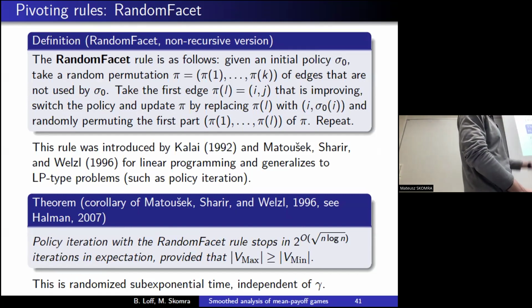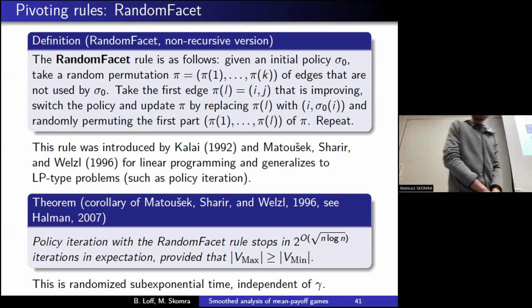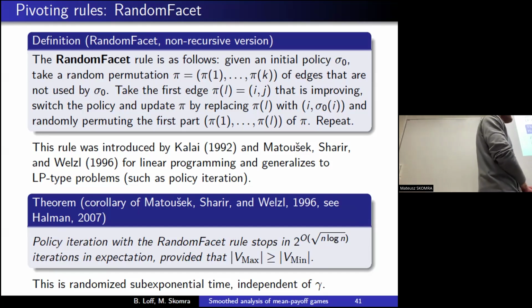The random facet rule was proposed by people who do linear programming as a pivoting rule, by Kalai and independently Matoušek, Sharir and Welzl. They realized the rule is applicable not only to linear programming but to the whole class of so-called LP-type problems. Then Halman showed that mean-payoff and discounted games fall into this category, so you can use the random facet rule and get a sub-exponential time algorithm.